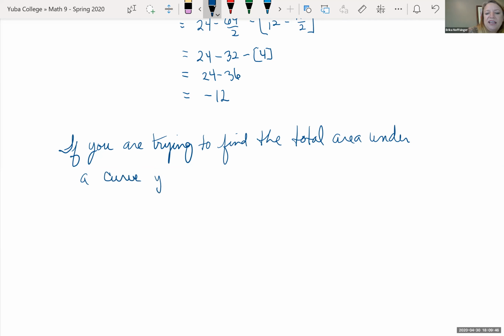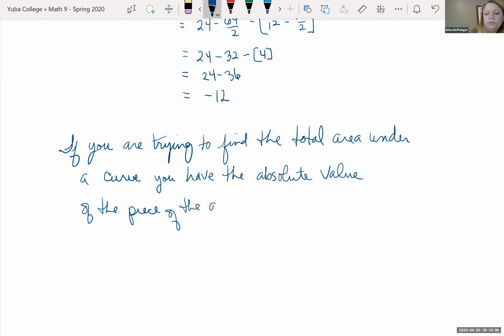you have to take the absolute value of the piece of the graph below the x-axis.